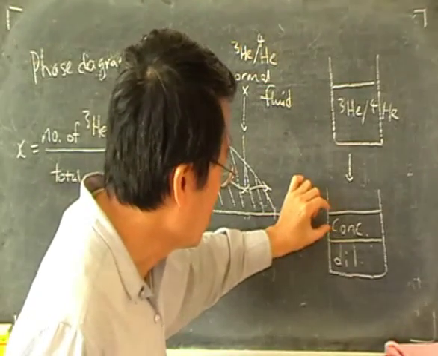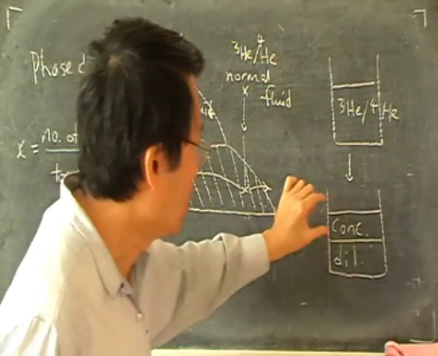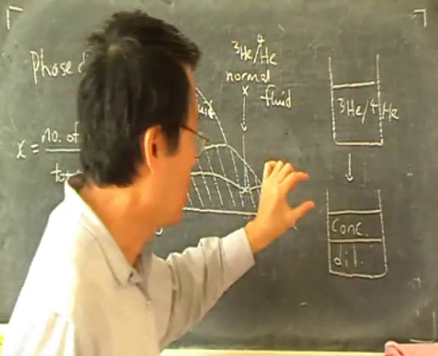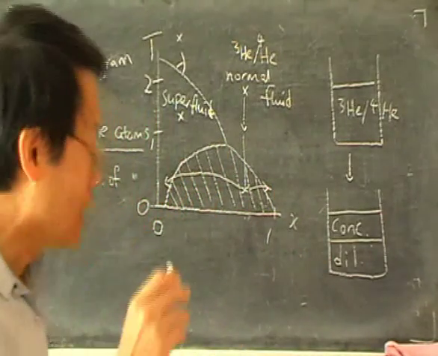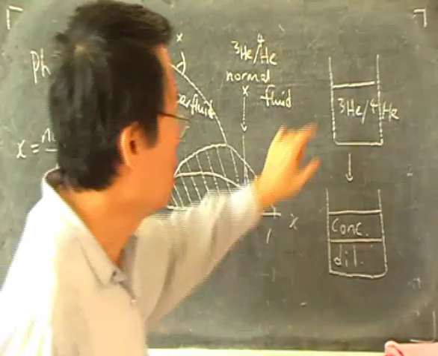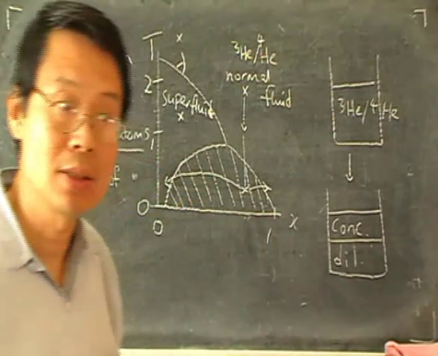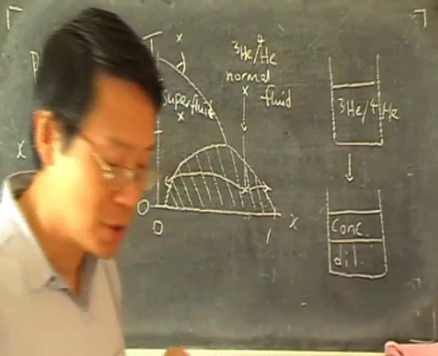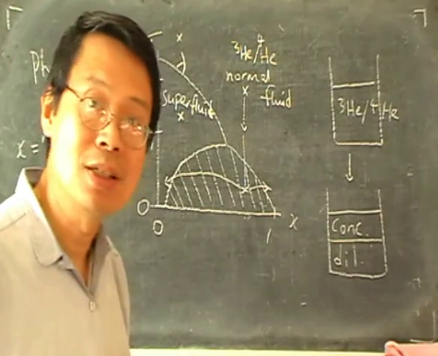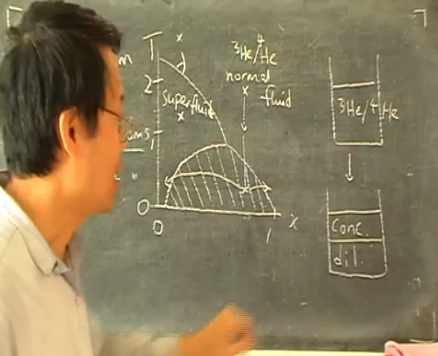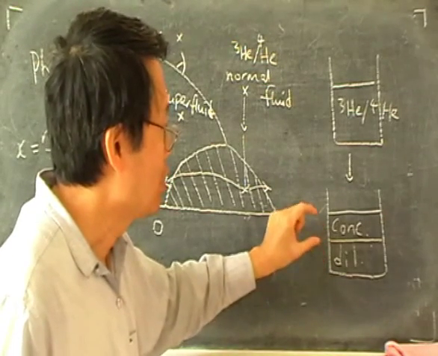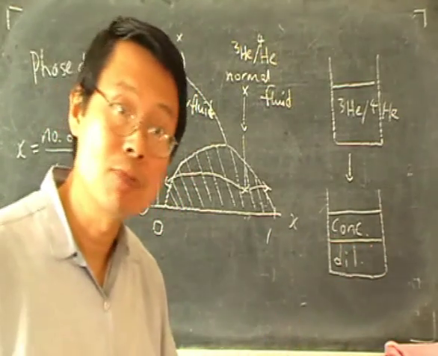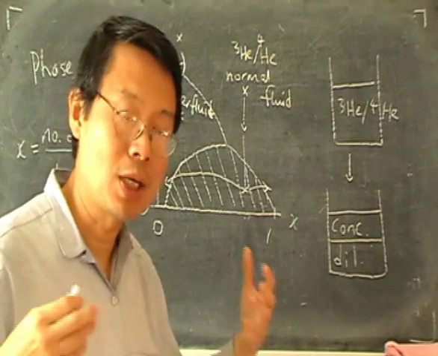Now notice that I've drawn the concentrated phase, as we would call it, sitting on top of the dilute phase. And the reason is this. It is because the helium-3 atom is lighter than the helium-4 atom. So therefore a mixture that is more concentrated in helium-3 would be less dense than a liquid that is dilute in helium-3, because the dilute solution will have more helium-4, which are heavier atoms.